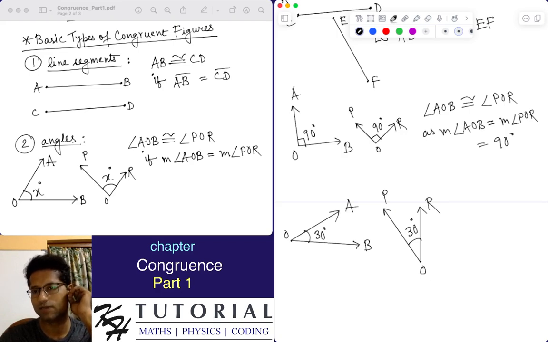It is just the measure of the angle that will matter in determining whether two angles are congruent or not.